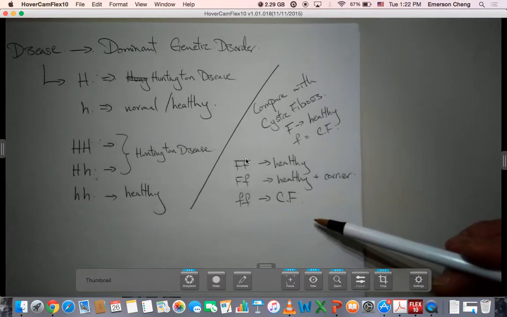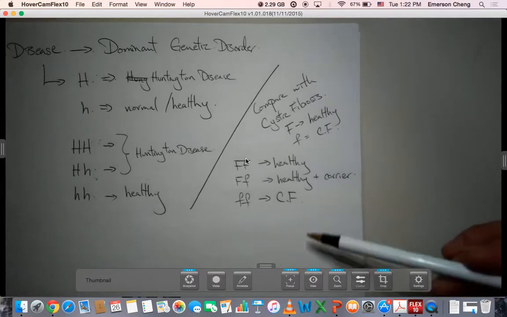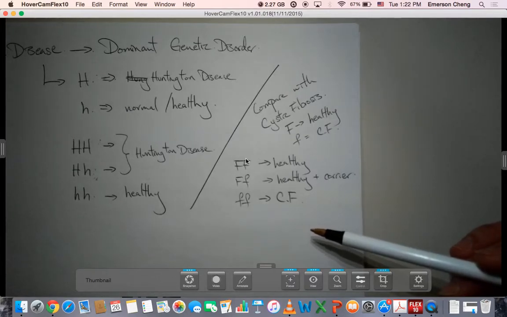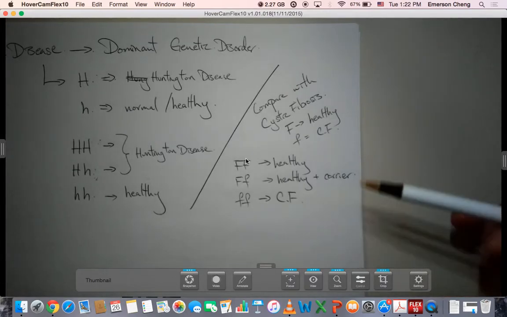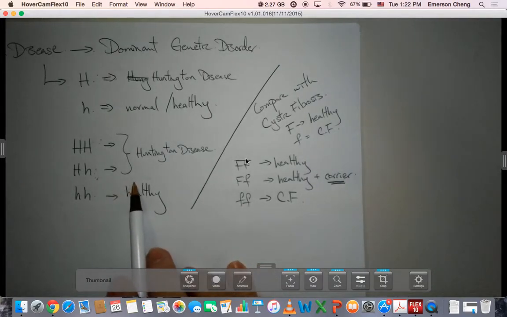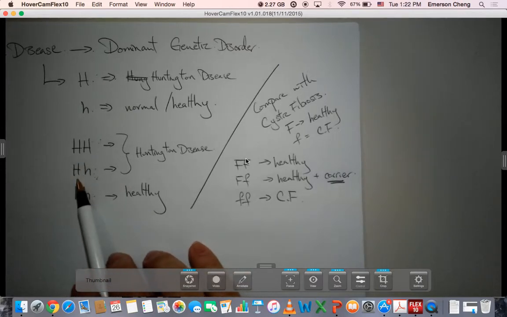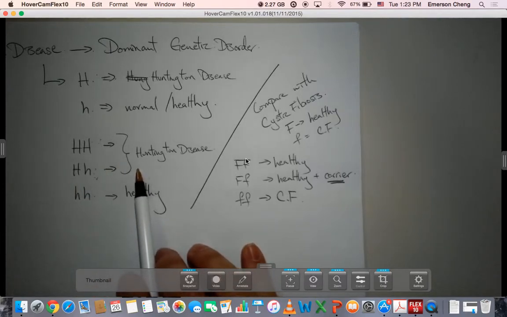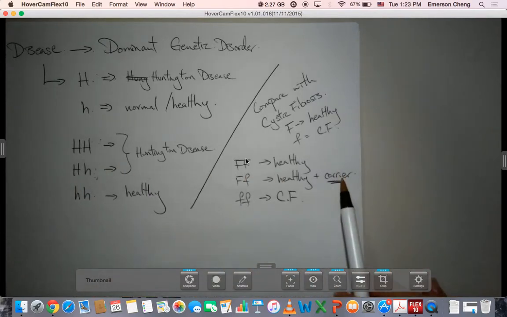Also another thing, if it is a disorder or disease that's carried by a recessive trait, that's the only place you can see a carrier. Because in a disease or a trait that's carried by a dominant gene, you can't have a carrier. Your heterozygous genotype will give you the disease already. Okay, so it's only diseases with a recessive trait where you can get a carrier, versus dominant genes where you don't.